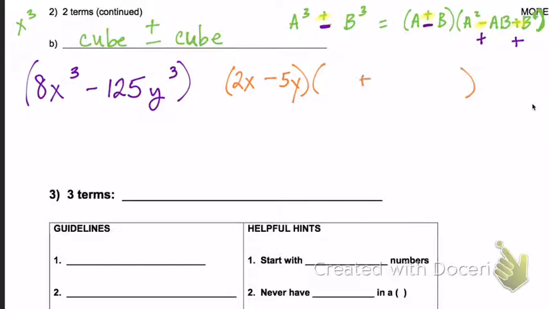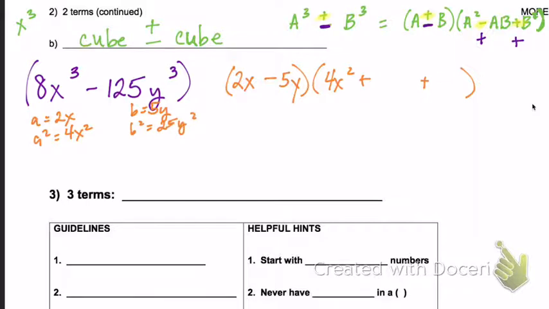Then I have plus and plus. This is where it gets a little tricky, because if a is 2x, then a squared is what? 4x squared. Good. And if b is 5y, b squared is what? 25y squared.